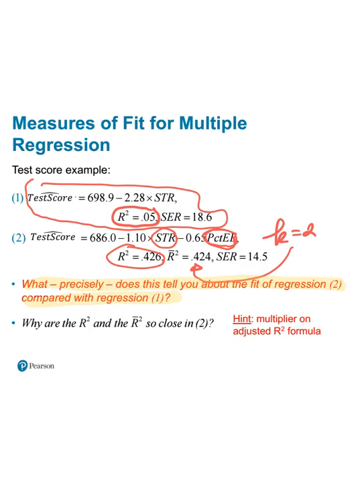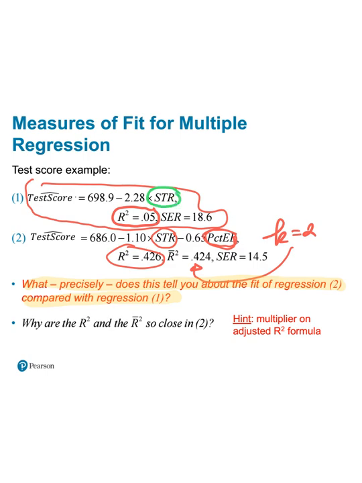Well, again, recall, R squared tells us the percentage of the variance of our dependent variable that our independent variables actually explain. So what is that 0.05? That essentially means that when our dependent variable of test score goes up and goes down, our independent variable of student-teacher ratio only explains 5% of that variability.